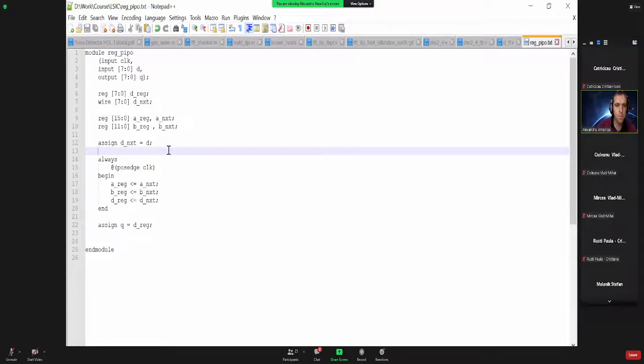Okay. So this is how you model sequential logic, basically. Okay, so let's pass to the next thing.